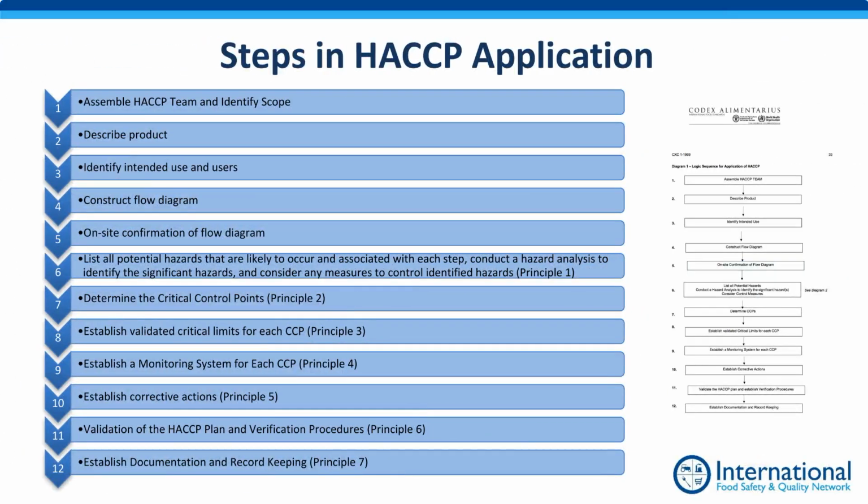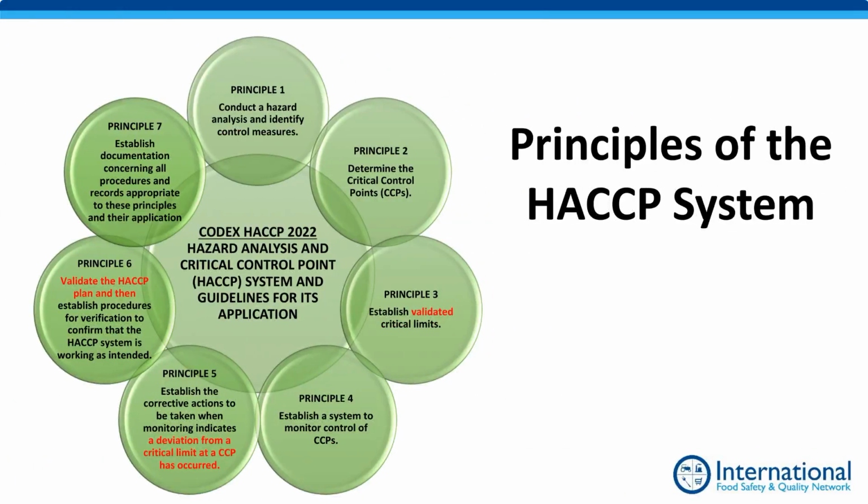The steps in HACCP application include preliminary steps, and then the subsequent steps are Principles 1 to 7. Relevant information needed to conduct the hazard analysis in step 6 needs to be collected, maintained, documented, and updated.